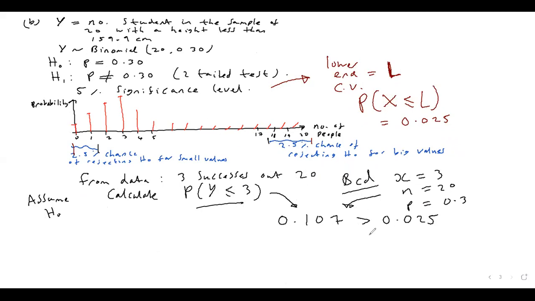We've got a 10% chance of getting 3 or fewer successes out of 20, assuming this is actually the probability of success. So we should not reject that probability. We have to accept that this could be the probability, because this chance is too big to reject that notion. Therefore, you've got to accept H0.